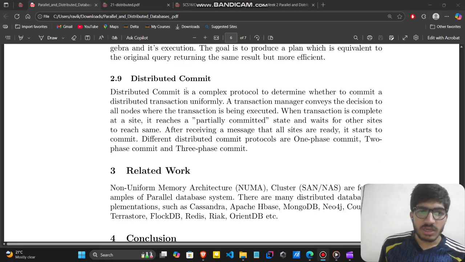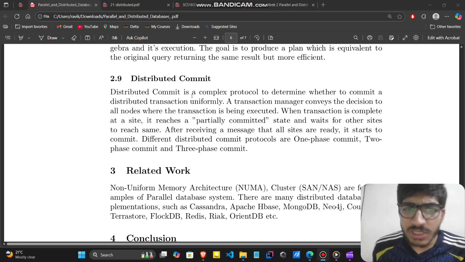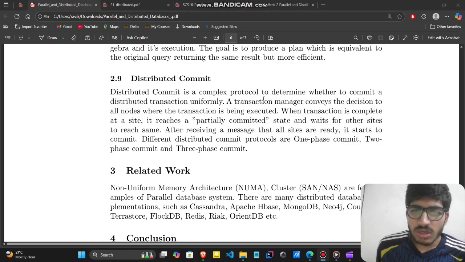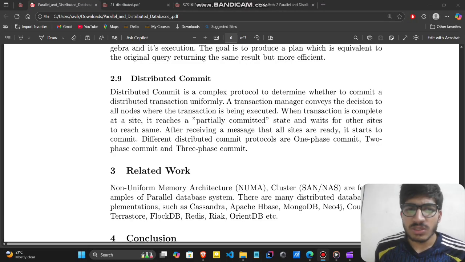Now, distributed commit. Distributed commit is a complex protocol to determine whether to commit a distributed transaction uniformly. A transaction manager conveys the decision to all nodes where the transaction is being executed.